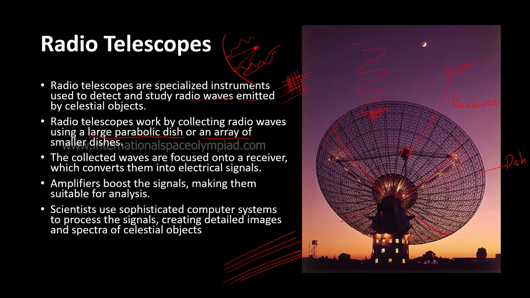The collected waves are focused onto a receiver, which converts them into electrical signals. It amplifies and boosts the signals, making them suitable for analysis. Then this will be analyzed to find what object it is and to study the properties of that object and all.